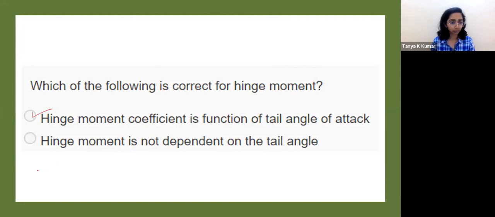So the equation was CH is CH naught plus CH alpha tail into alpha tail plus CH delta E into delta E plus CH delta T into delta T. So it is dependent on the angle of attack of the tail.